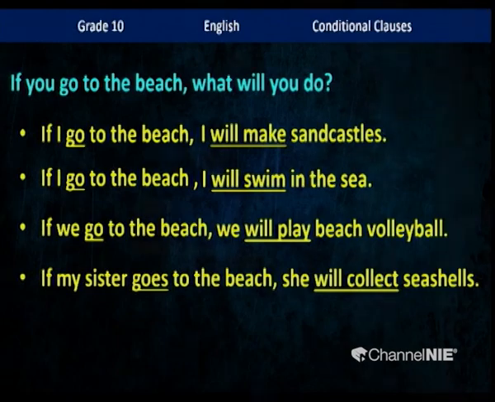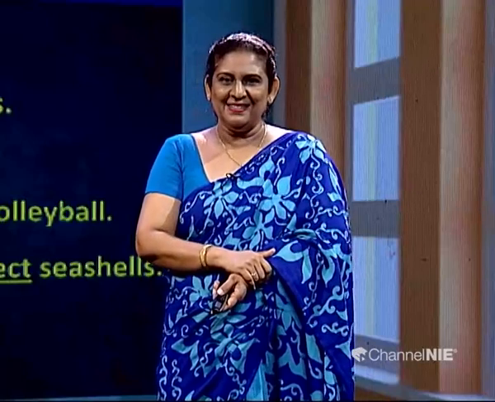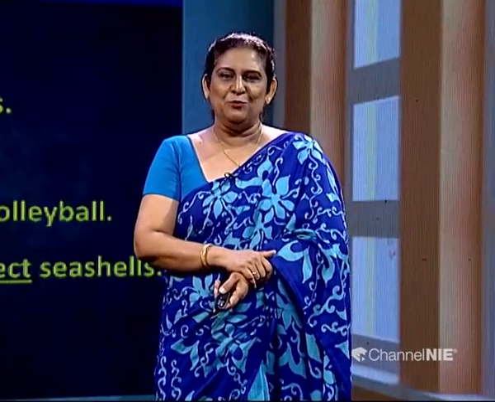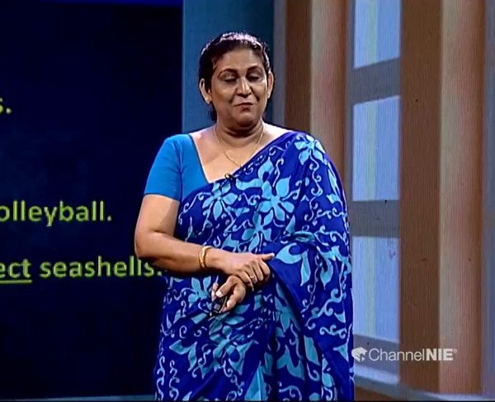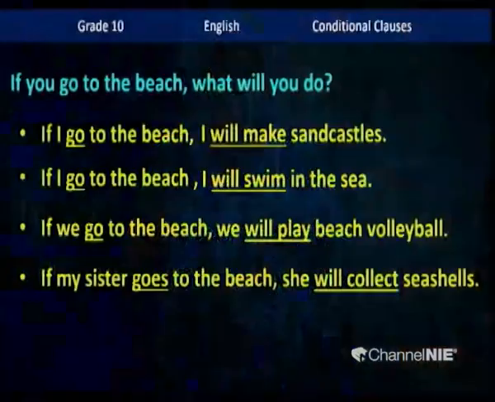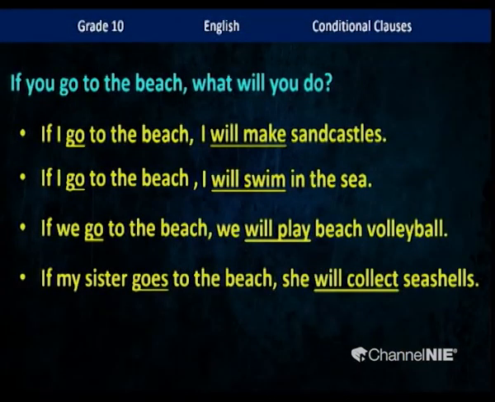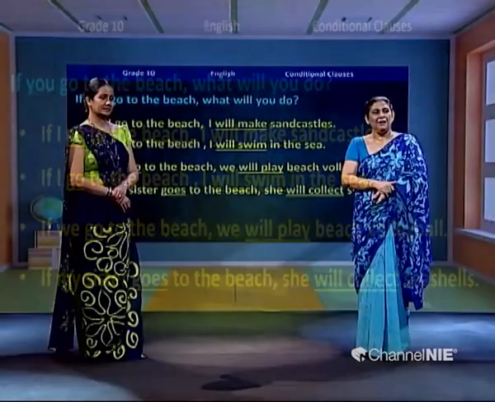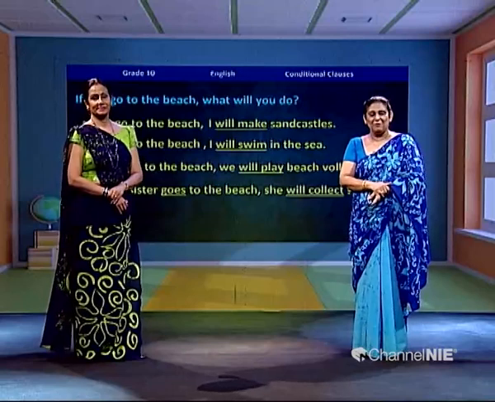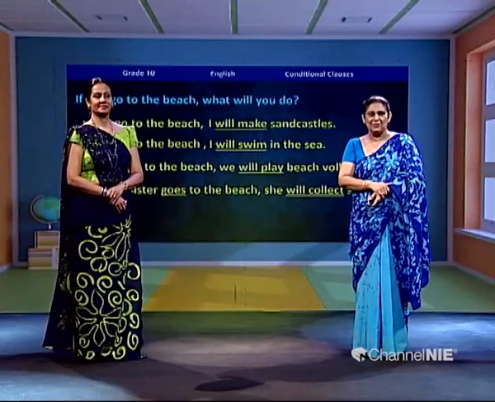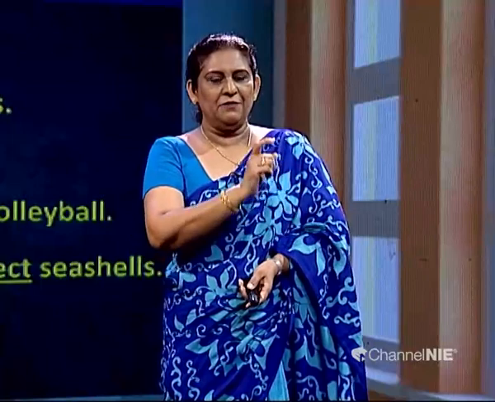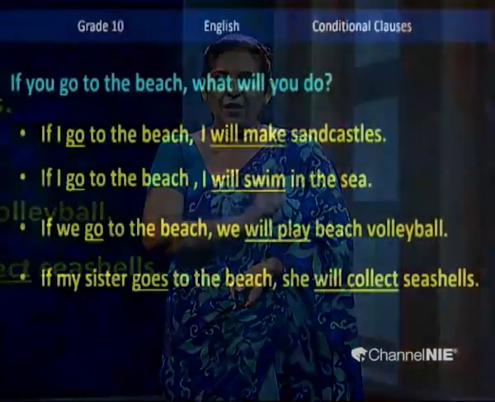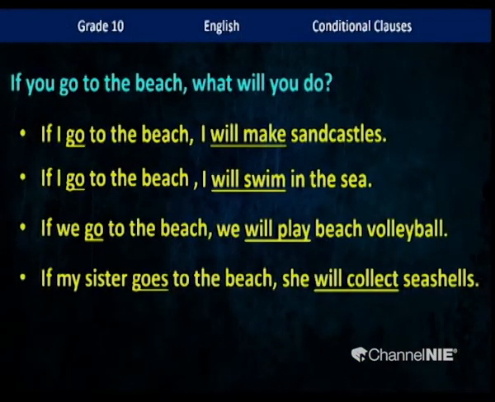Now look at this. In the first part, the if part, we have used simple present, the word go. If I go. If it is sister, if she goes. You can see the difference there also. If it is singular, we have to use the s there, and if it is plural, you have to use go. Go and goes there. So if I go to the beach, I will make sand castle.